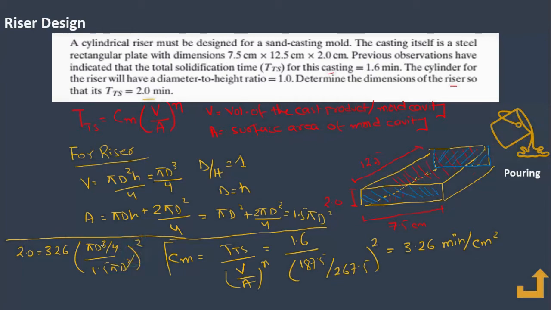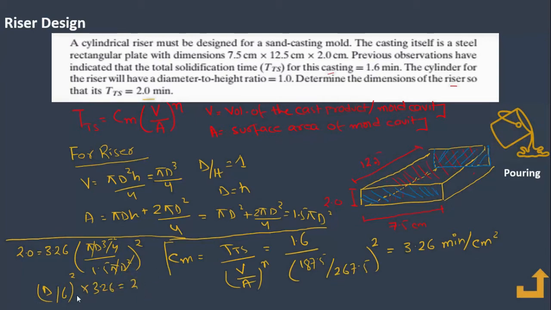So you can just simply cancel out terms and simplify it. So we will have (d by 6) square into 3.26 equal to 2 minutes.